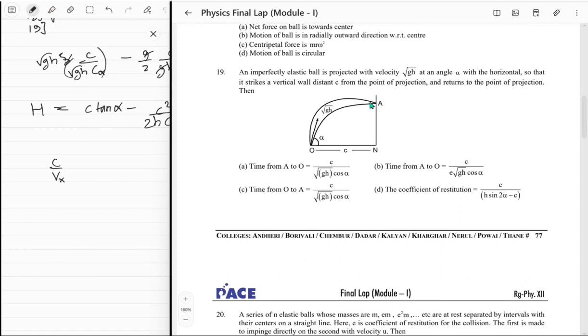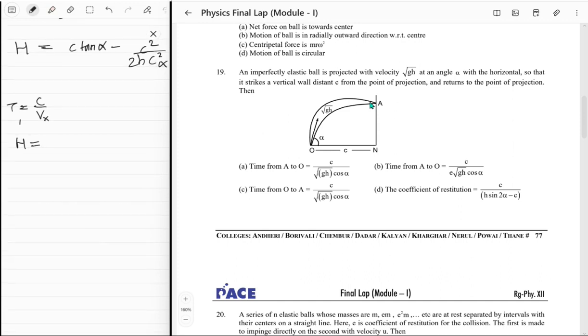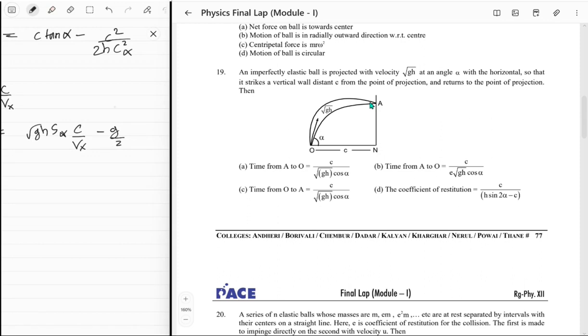तो बस चलते ही जाएगा इस टाइप से, मतलब so time is c upon Vx और h is just equal to ut and square root of gh sine alpha times the time. So c upon vx minus g upon 2 times t square. So with this thing का square c square upon vx का square, right?